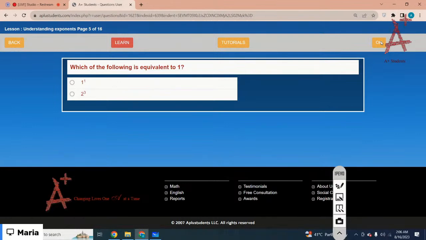Because 2 exponent 3 is not 1. When you multiply 2 times 2 times 2, 2 times 2 is 4 and 4 times 2 is 8. So 1 exponent 1 equals 1. Very good. The correct option is option number 1.